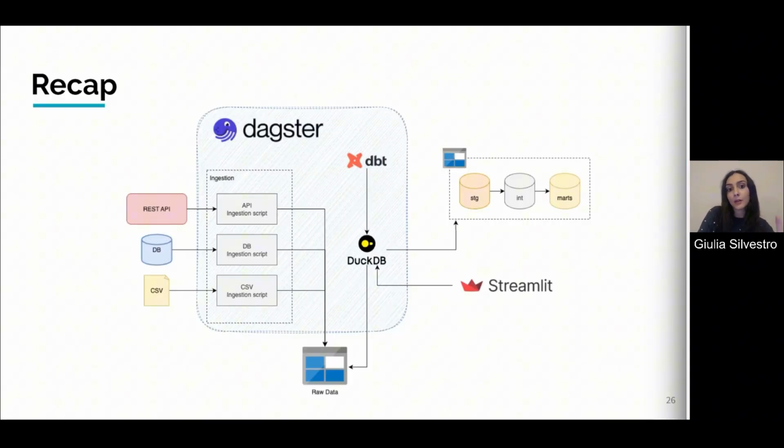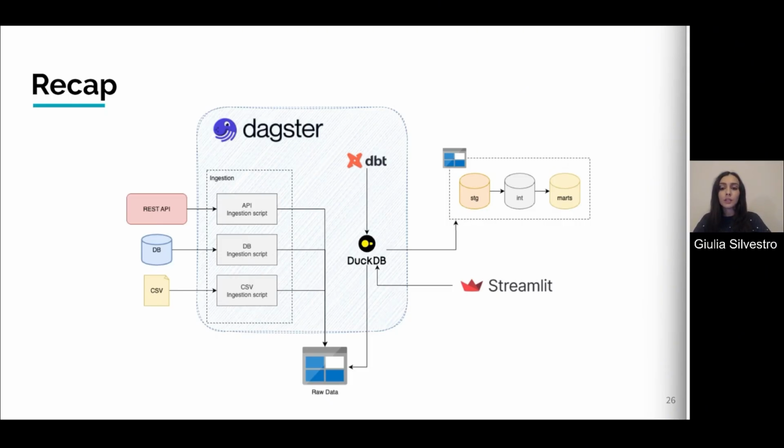Now, let's quickly recap everything we've covered today. This diagram shows how our complete end-to-end architecture works. Dagster orchestrates the ingestion scripts, which read data from different sources and write it in file storage, for example blob storage.